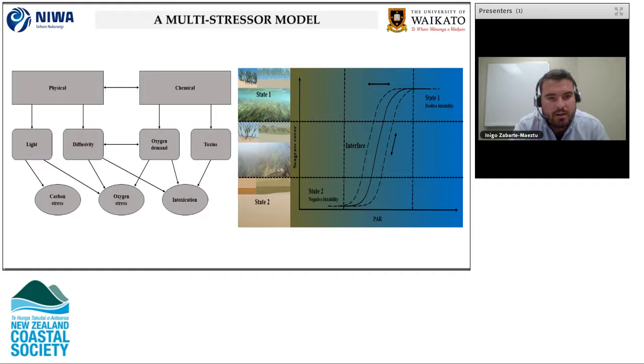So in order to further understand what the trigger points or the important factors are that drive these ecosystems to move from one state to the other, we should definitely consider interaction in terms of fine sediment, but also in terms of other stressors that will complicate the thing quite a lot, such as eutrophication or other microalgae growth, etc.